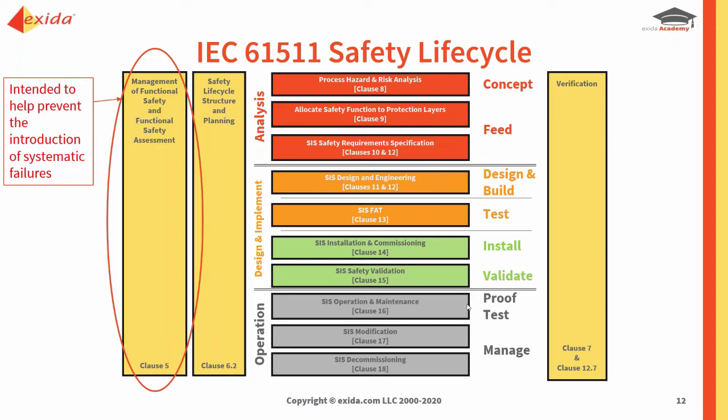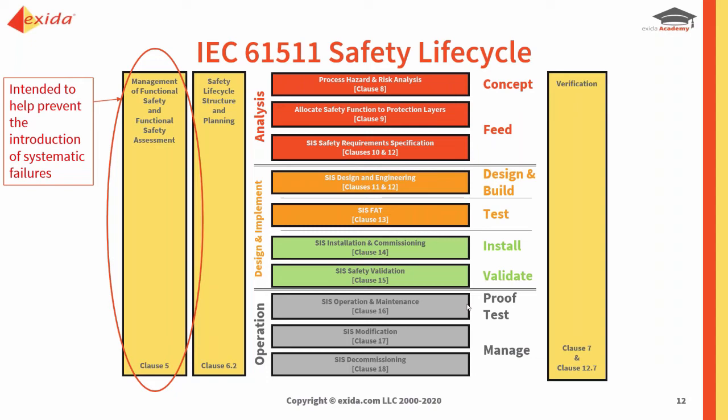So in other words, if we haven't done our front-end work correctly, if we haven't correctly identified the hazards, if we haven't done a layer of protection analysis to look at our worst case consequences, then we may not have sufficient safeguards in place to be able to reduce the risk to an acceptable level. And that's what it's all about.